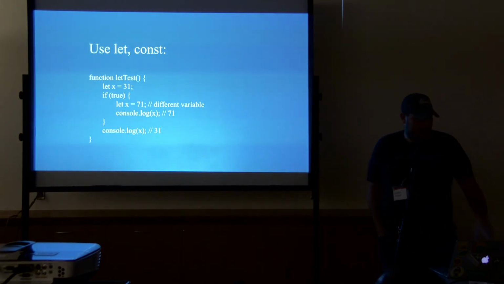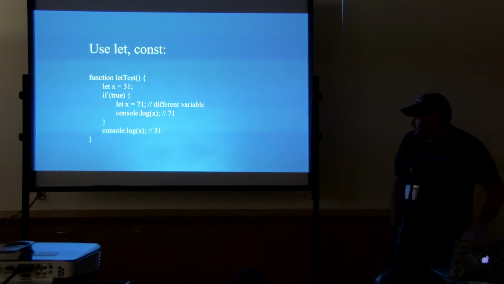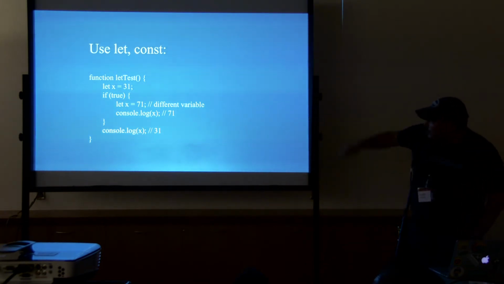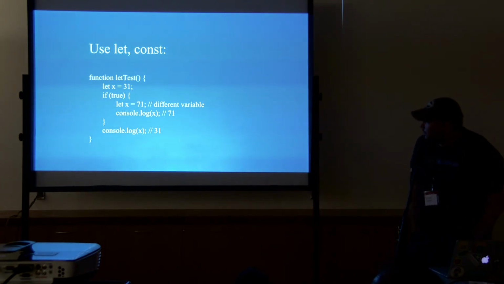Here's let. I didn't do an example of const, but this is directly from the MSDN library examples. So this let test, I'm pointing at my screen as if you guys can see what I'm talking about. Let x equals 31. If true, let x equals 71.